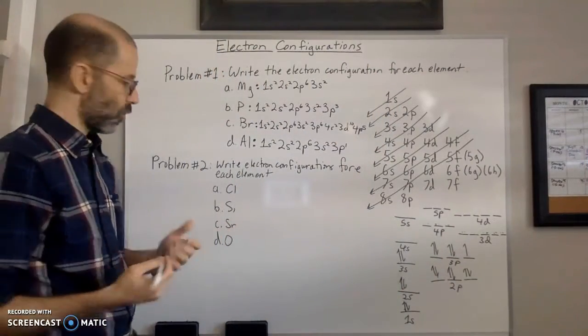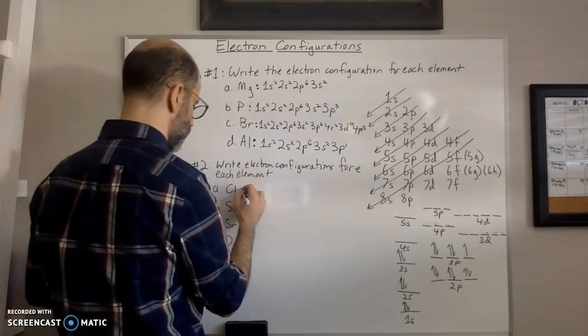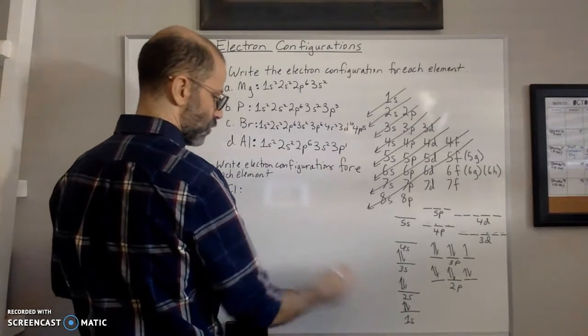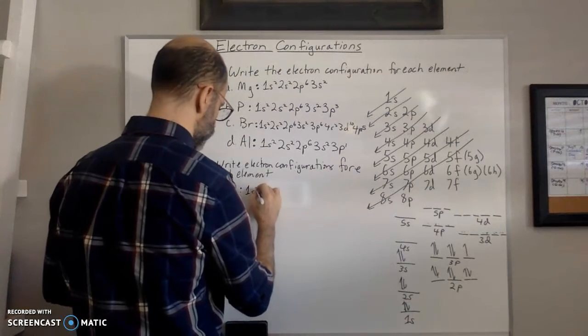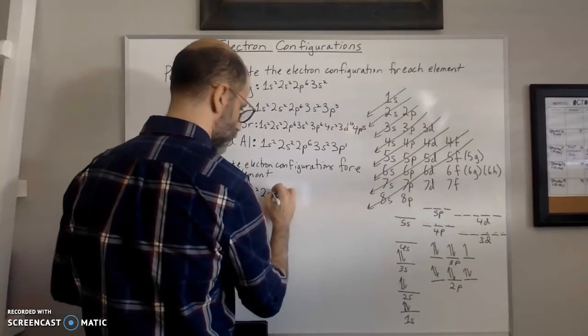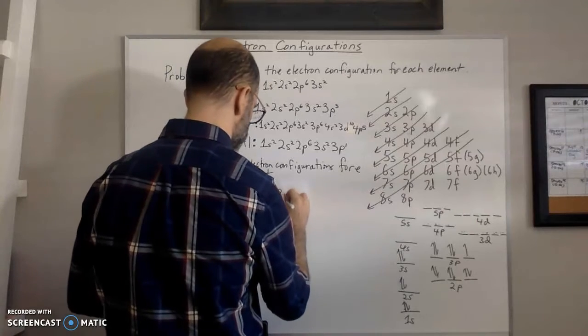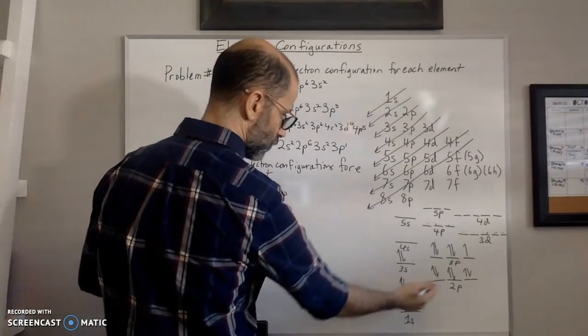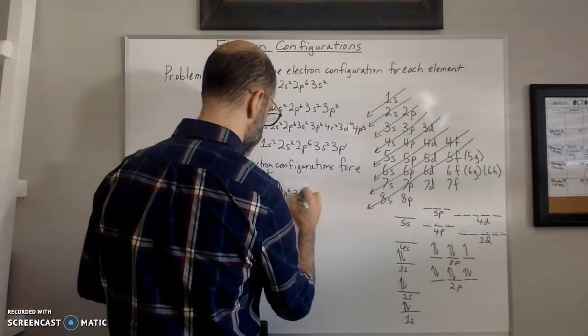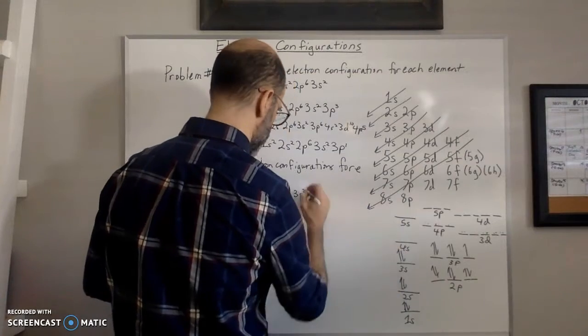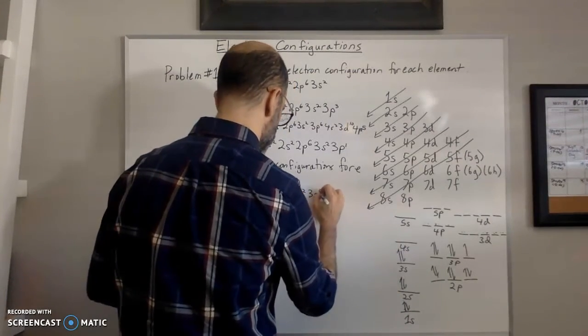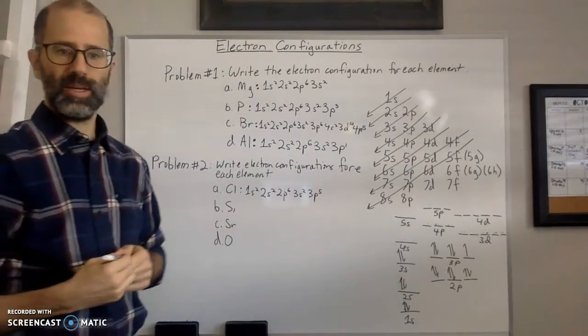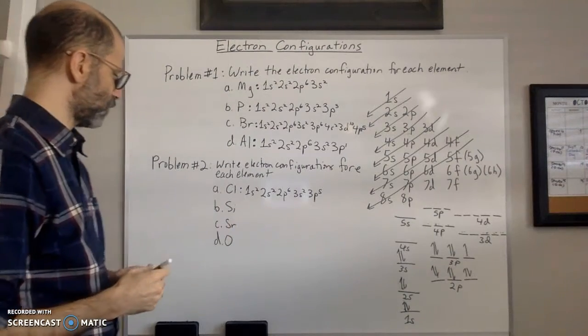So then we're going to write our electron configuration. It's going to be 1s2, 2s2, 2p6, 3s2, and then 3p5. And so that's the electron configuration for chlorine.